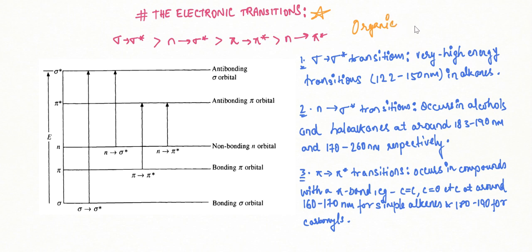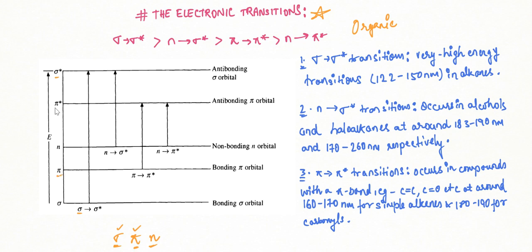Then what are the possible levels? Bonding, anti-bonding, or non-bonding levels. One is the sigma state, the other is the pi state, and the other is the non-bonding state. We know what a sigma bond and a pi bond are. If there is a sigma bonding orbital, there must be a sigma star anti-bonding orbital.